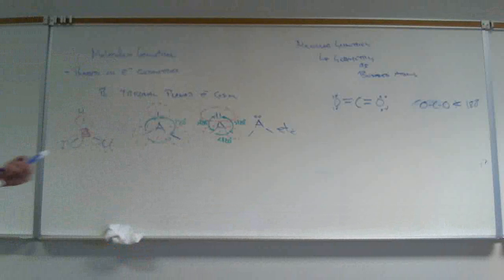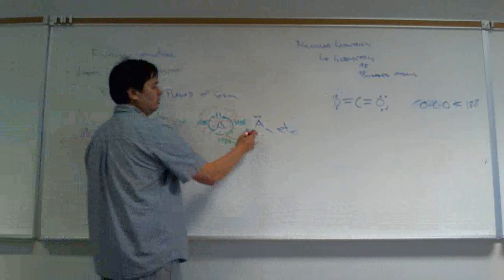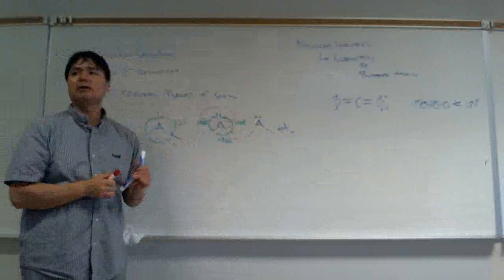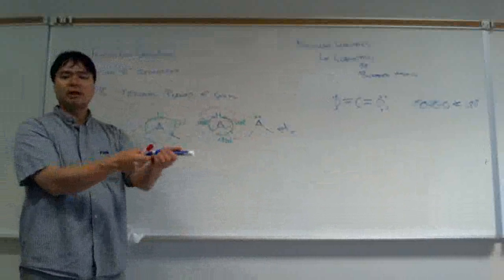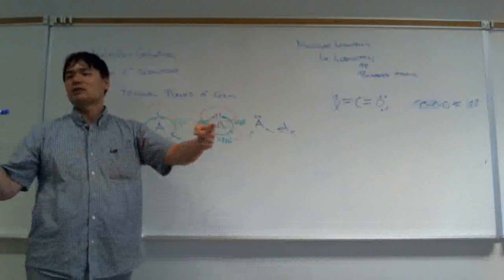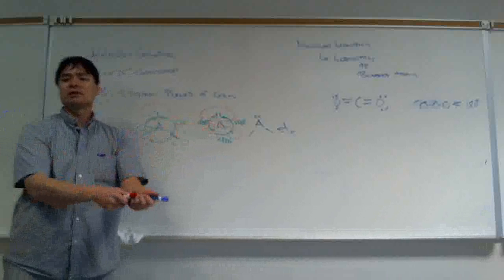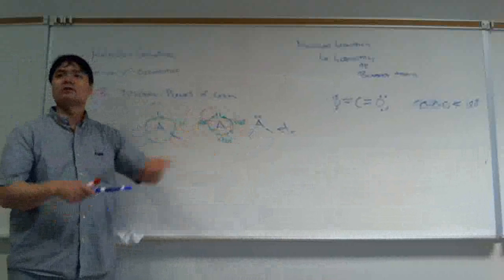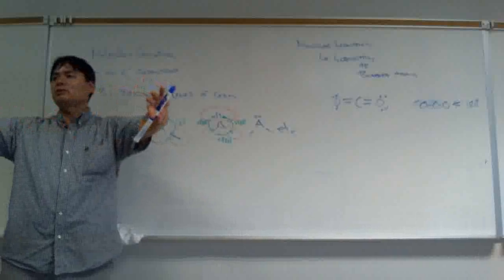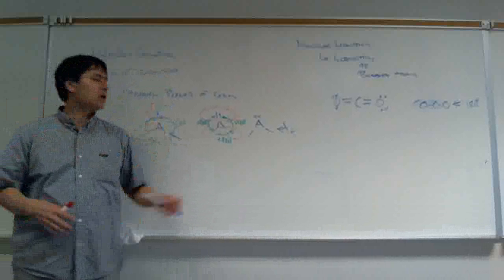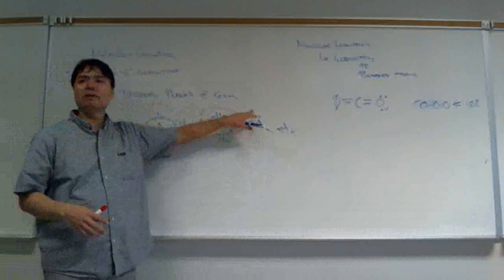Now, in this third scenario here, we have a lone pair. The difference between a lone pair and a bonding pair is this. A bonding pair is being pulled like a tug-of-war between two atoms, right? Let's say a carbon and an oxygen. So the carbon and oxygen are fighting for that bonding pair here. And so the bonding pair gets spread out between the two atoms in the bond, right? But the lone pair, is there anybody else pulling on that lone pair? Nobody.